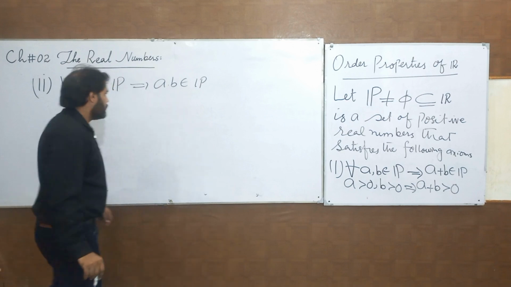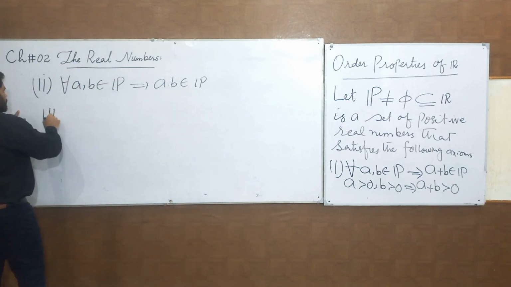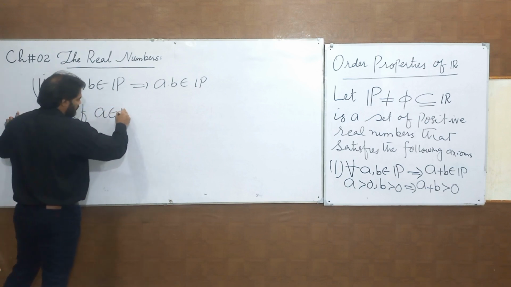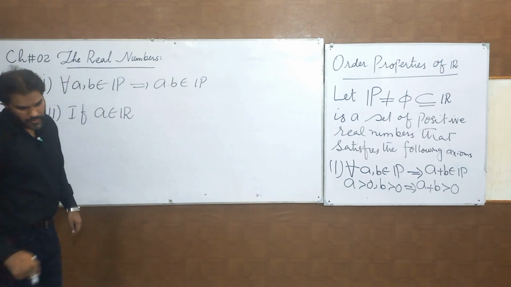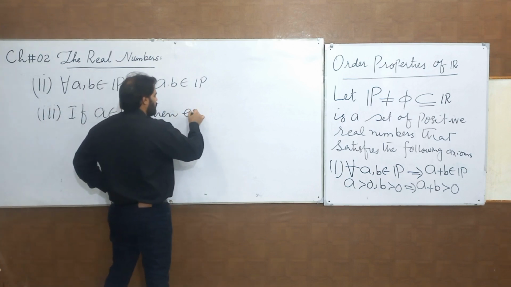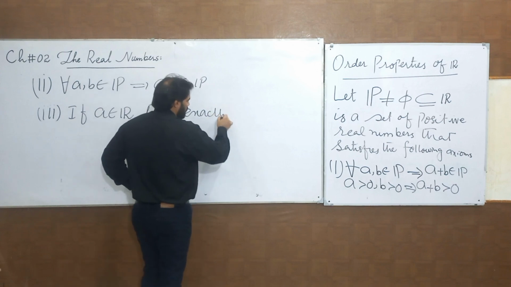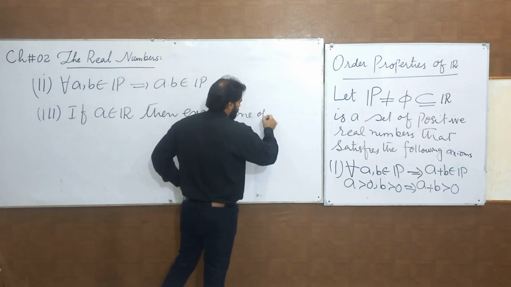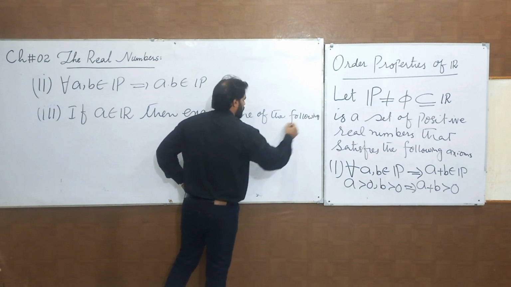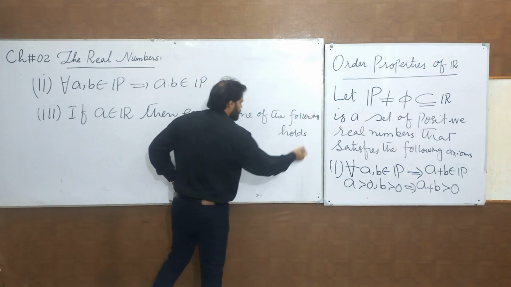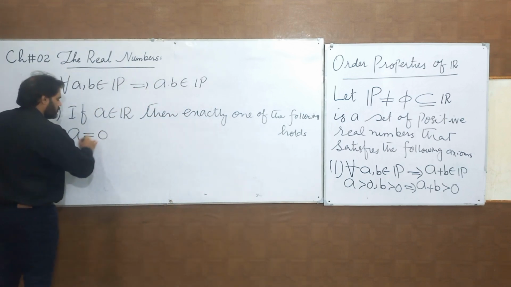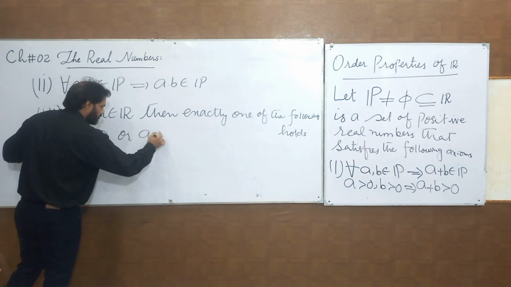And the last one, the third property that P satisfies: if A is any real number, then exactly one of the following holds. Either A is equal to 0 or A is non-zero.